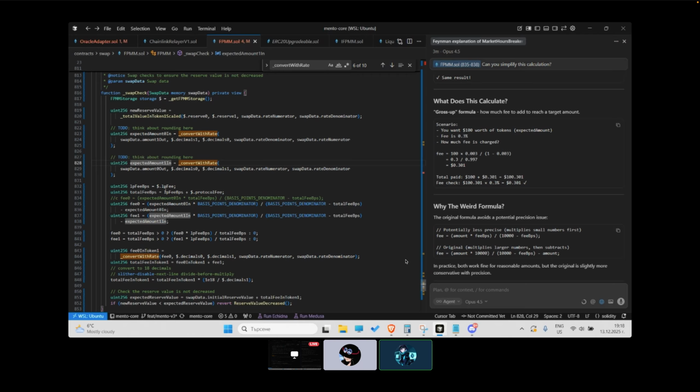Because this expected amount in comes just from the amount out. Yeah, you need to check these fees. It's hard to understand it on the spot. I would need to think more about whether the fee charge is correct. Basically, if you swap 100 and the fee is 1%, you should get 99, right? Yes, that's what I'm trying to check.